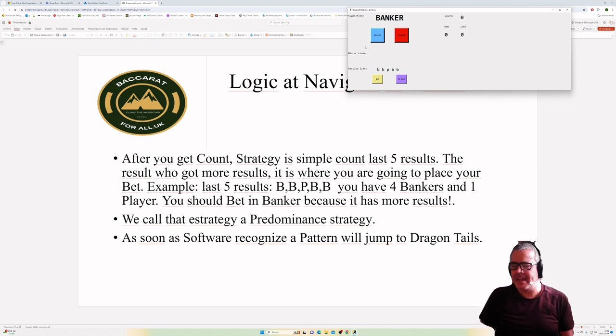Okay. And basically, like I tried to explain earlier, a few videos before, this is a software that tries to catch dragon tails. I mean, it does catch dragon tails if it can.